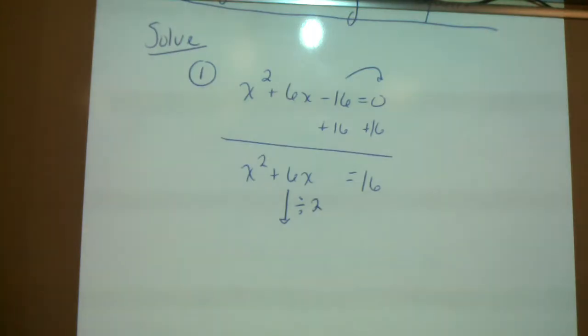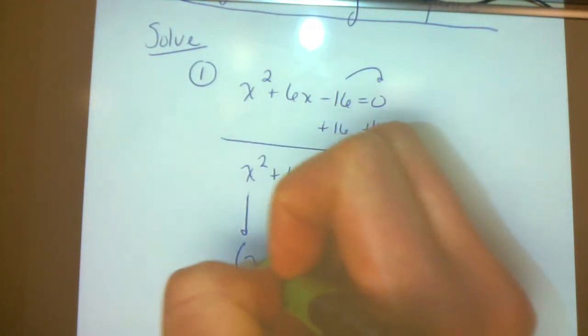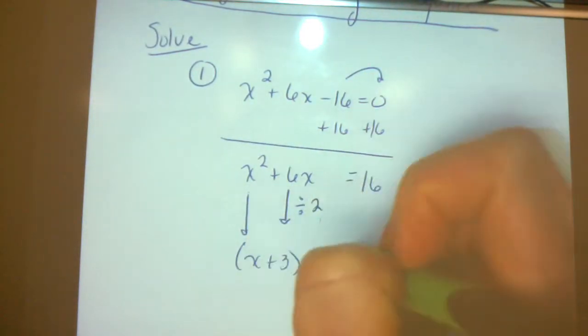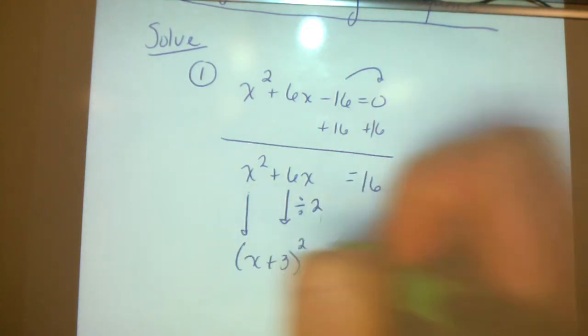You take the coefficient of that linear term and divide by 2. And you're going to take one of the x's. See how it says x squared? You're only going to take one of them. And that square goes on the outside.